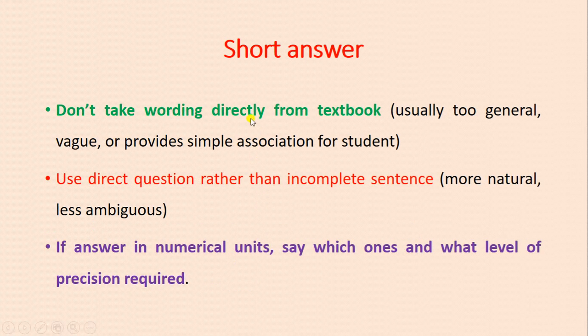We are discussing short answer, a simple form of objective type test. Do not take wording directly from the textbook. When you write short answer questions, there is no need to take wording directly from the textbook. Usually, a general vague wording provides a simple association for students.